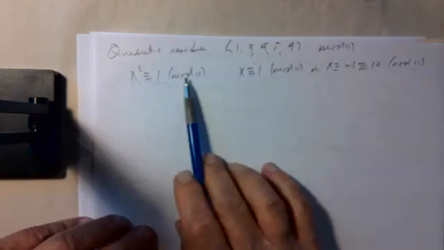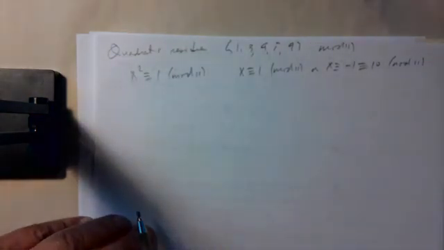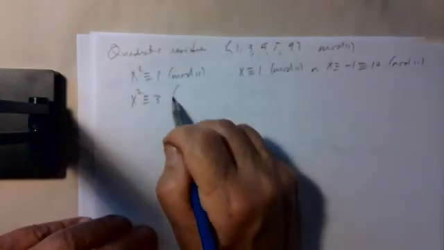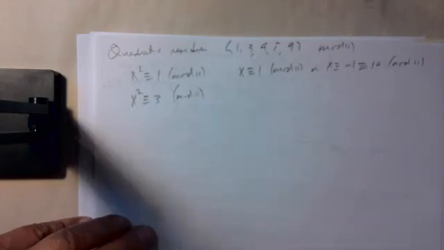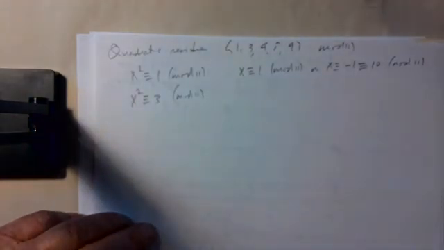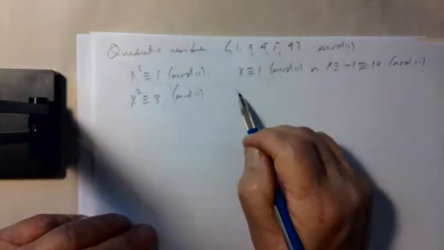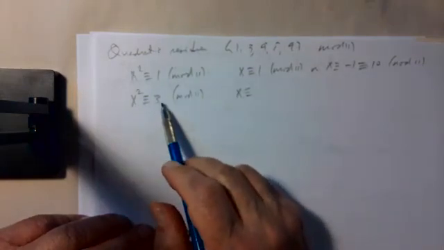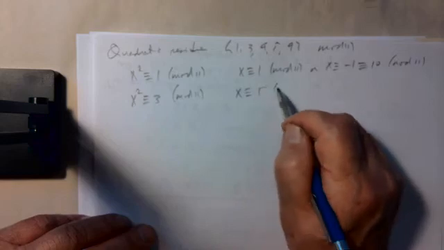So 1 and 10 are the 2 square roots of 1. What about x squared congruent to 3 mod 11? Well, 5 is certainly one, because 25 minus 3 is 22, which is divisible by 11.